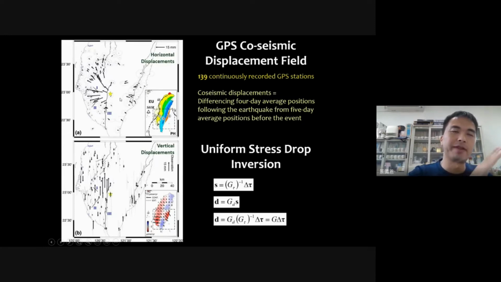Because the movement of the faults may cause the surface deformation, once we detect the surface deformation during the earthquake using geodetic techniques like leveling or InSAR, we could evaluate the slip distribution on the faults. Then we could calculate the energy release on the fault during the earthquake. So that is the idea.